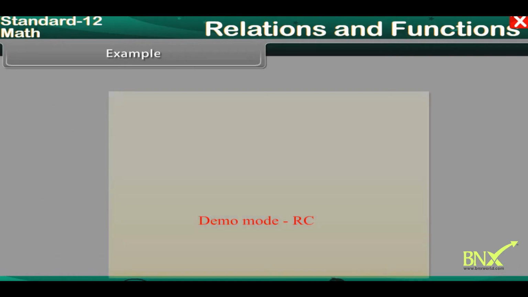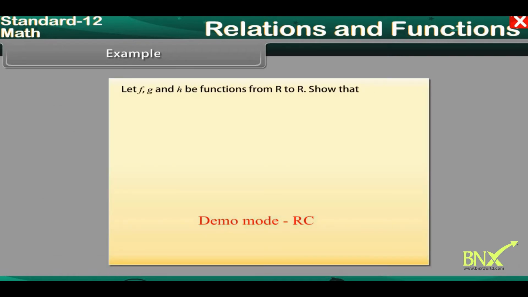Example. Let f, g and h be functions from R to R. Show that (f + g)∘h = f∘h + g∘h. Answer.